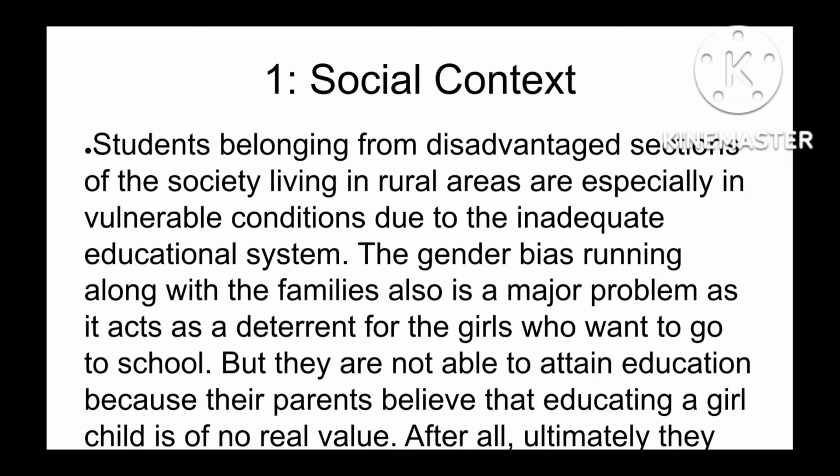The gender bias running along in families is also a major problem, as it acts as a deterrent for girls who want to go to school but are not able to attend because their parents believe that educating a girl child is of no real value. After all, ultimately they would be married off.